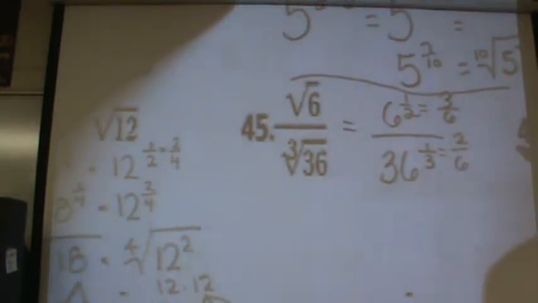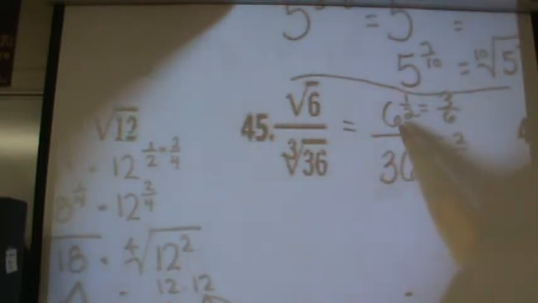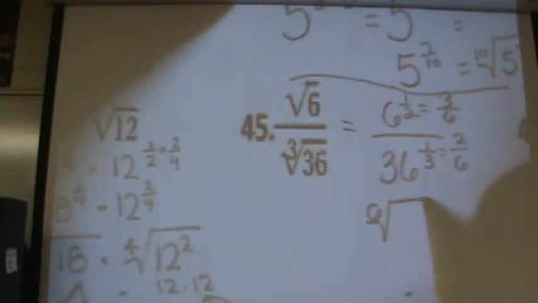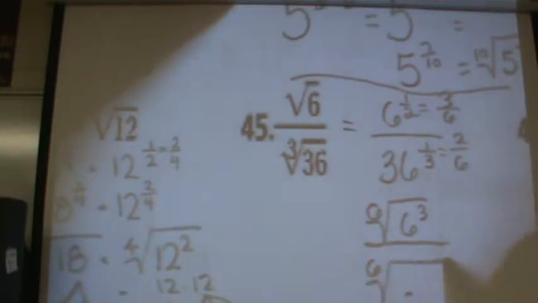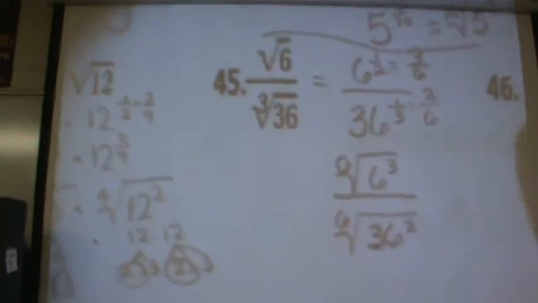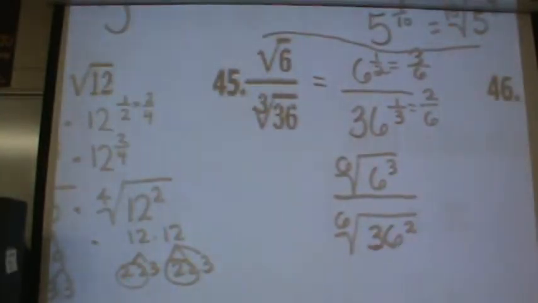See if this makes any sense to you. So this is now the 6th root of 6 cubed over the 6th root of 36 squared. Now what you can do is cancel something.